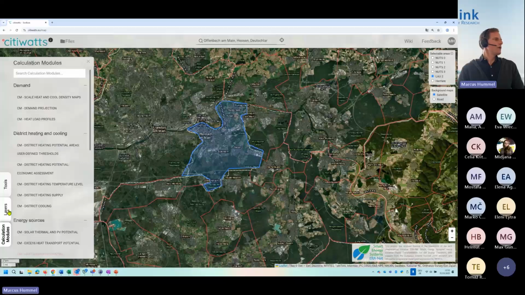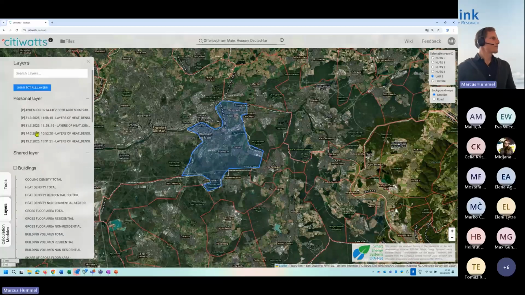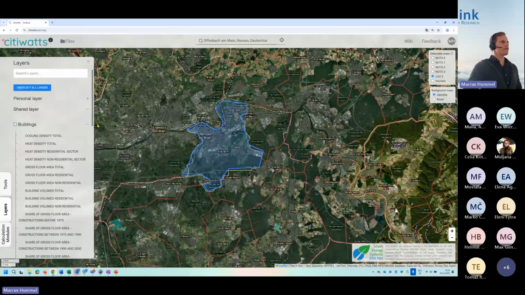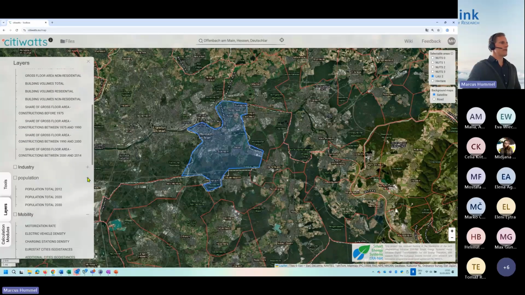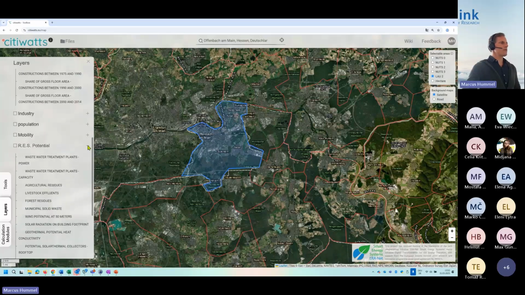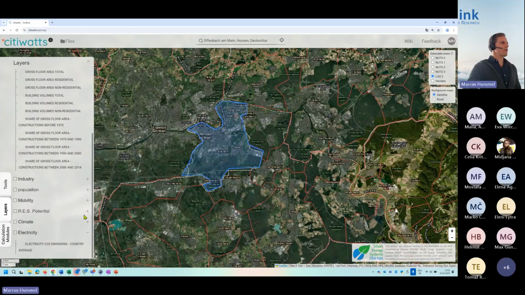Good. With that, as we've seen last week, we have quite some layers that we can have a look at or that we can show. At the moment, we're going to focus on the buildings layers. So the rest I'm going to put away for the moment.